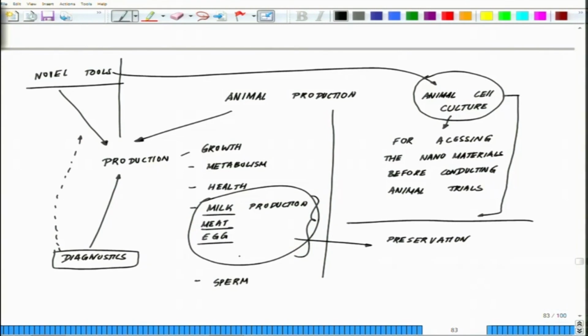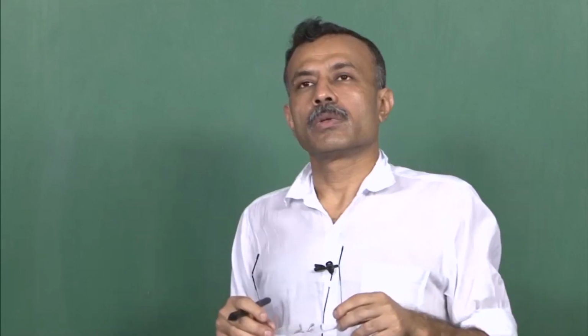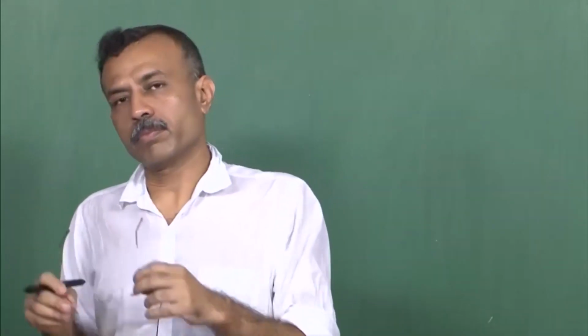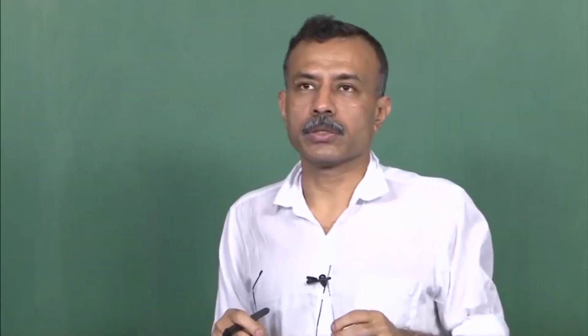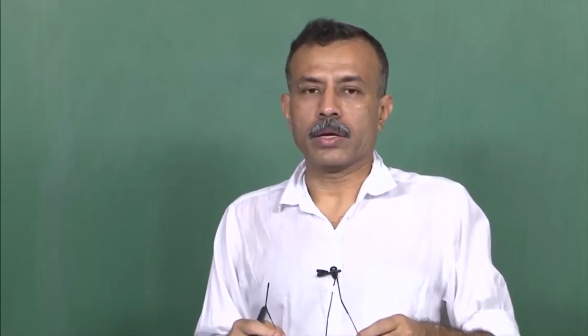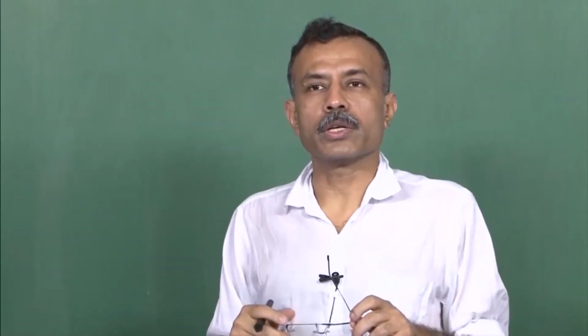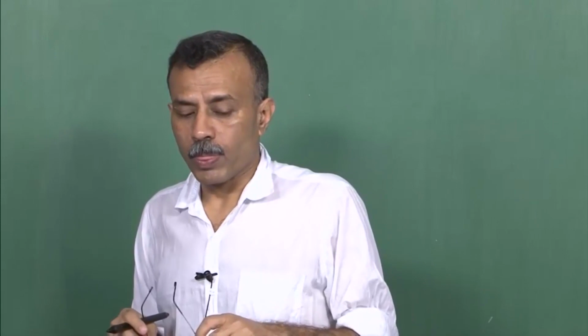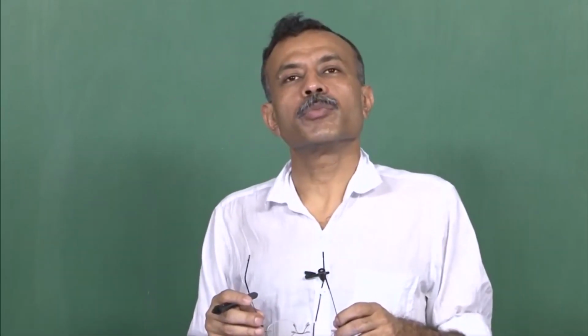This also falls under preservation, because if you get a good quality sperm, you prefer to store that sperm for artificial insemination and maintain that particular quality for a prolonged period of time. Now, for that you really need to preserve the sperm.